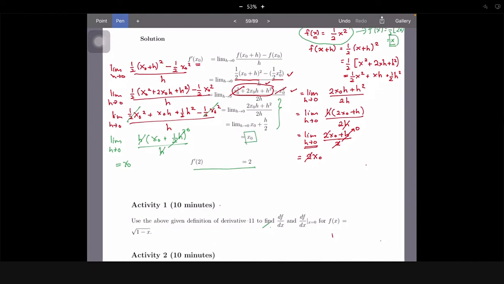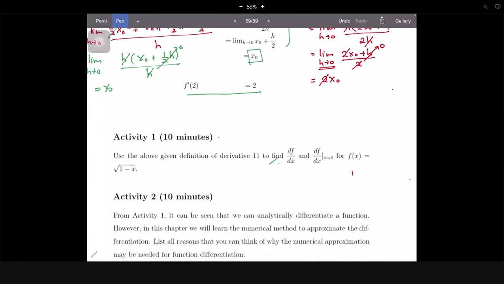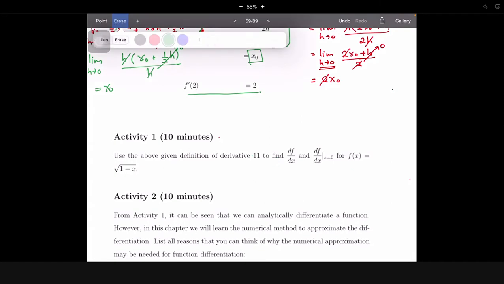Okay, so we go to the first activity here. Use above definition of derivative to find f prime, the derivative of f, and the derivative of f when x is equal to 0. Okay, the function adalah square root 1 minus x. Okay, 1 minus x. So kita cuba buat.